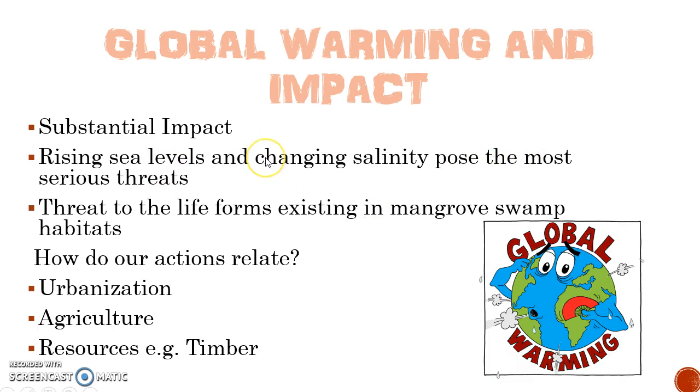Now, how do our actions relate to global warming, or to the destruction of mangrove swamps? As human beings, we do a lot of things for our own benefit, but the habitats and the life forms in mangrove swamps have to pay the price for it. For instance, we destroy mangrove swamps for urbanization purposes to build buildings, offices, and infrastructure.